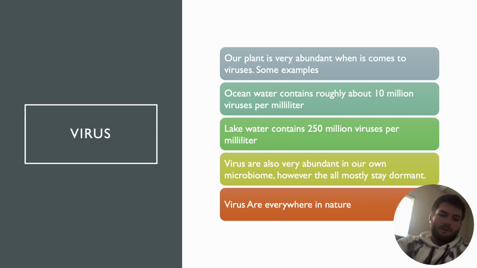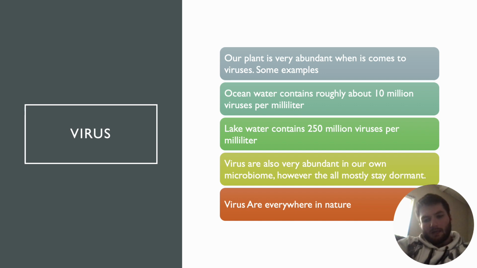To start with, viruses are everywhere in nature. Viruses are very abundant. An example of this would be ocean water, which has about 10 million viruses per milliliter, and lake water, 25 million viruses per milliliter.